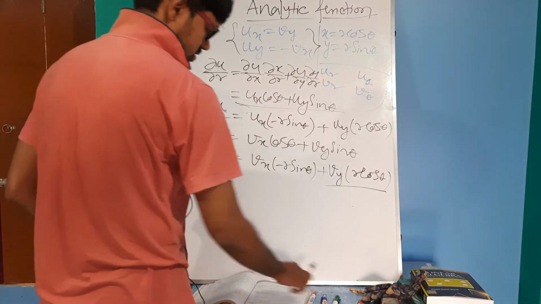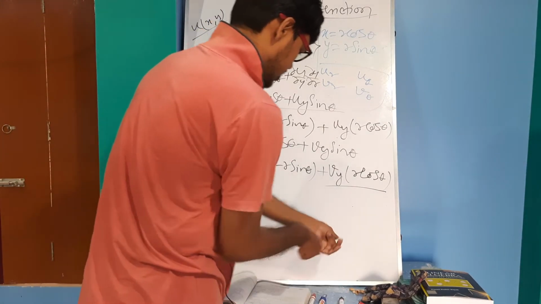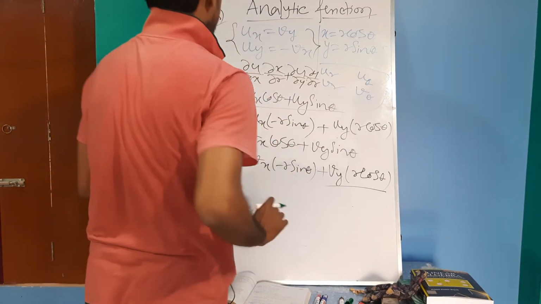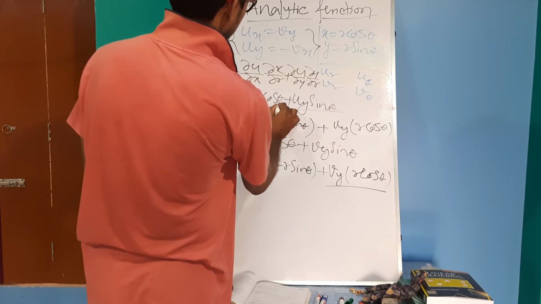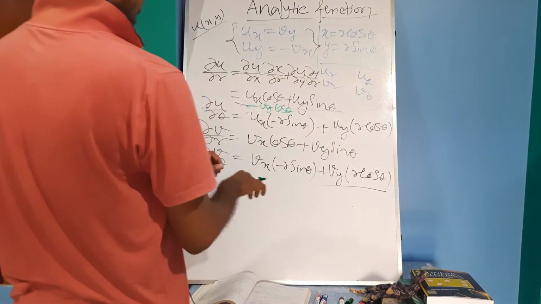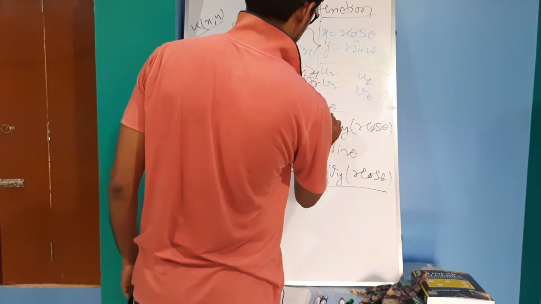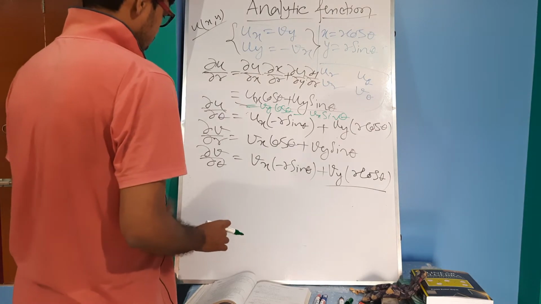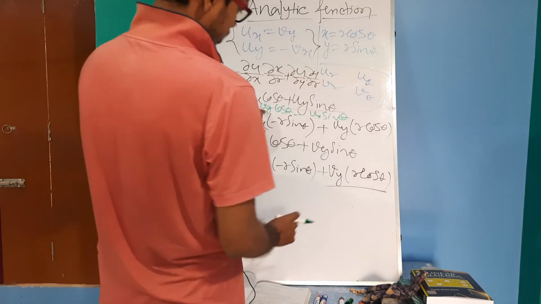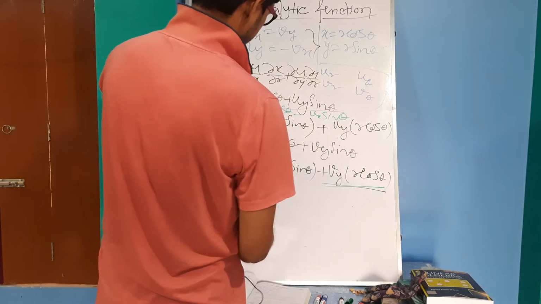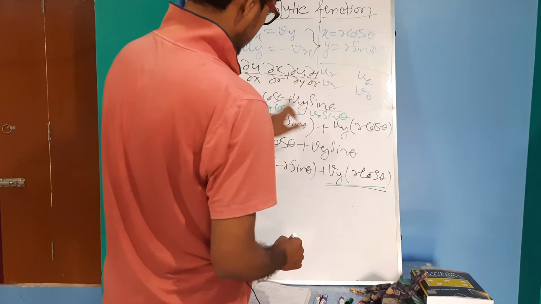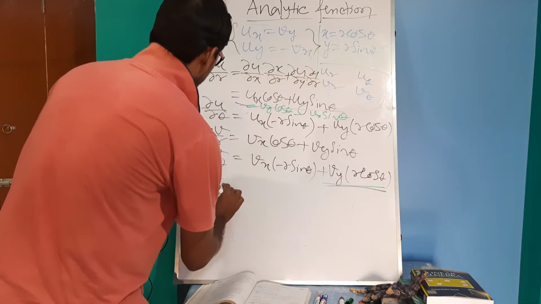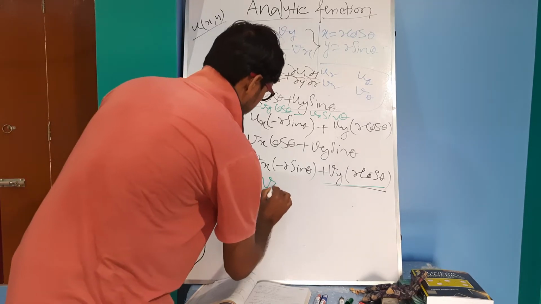So in that case, if you put u_x equal to v_y, we get v_y cos theta, and u_y equal to minus v_x sine theta. So you can equate them: v_y cos theta multiplied by r and minus v_x sine theta multiplied by r. So if you multiply r here, r u_r will be equal to v_theta, is it not?